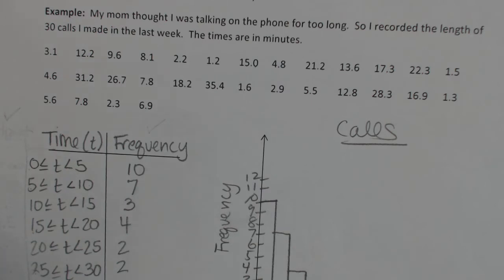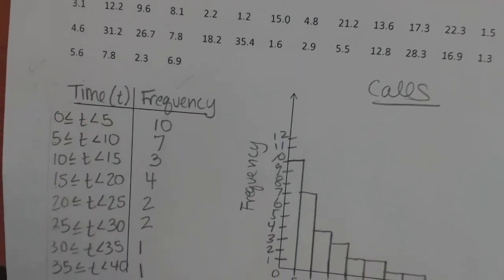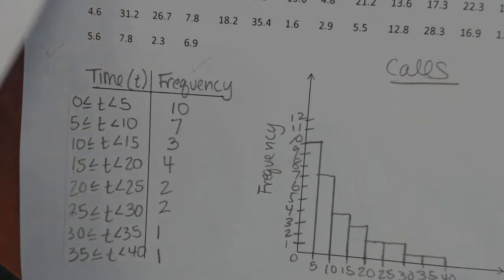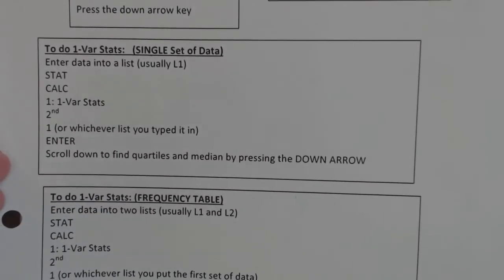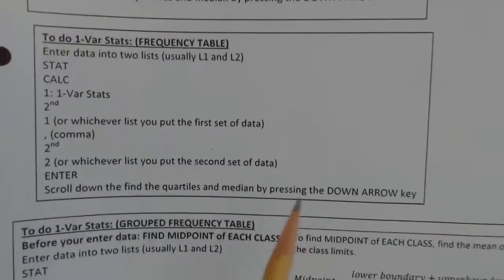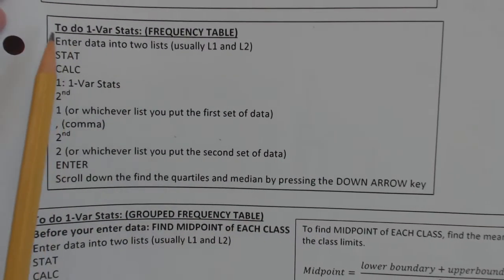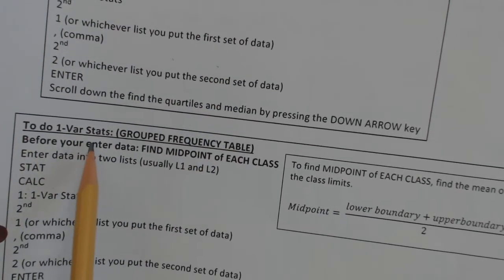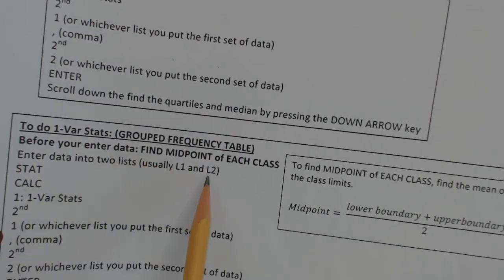So now we're going to learn how to do mean and median with groups. So this is a grouped frequency table. And on your calculator sheet, I want you to notice underneath where it said single set, you also have one variable statistics with a frequency table, and one variable statistics with a grouped frequency table.